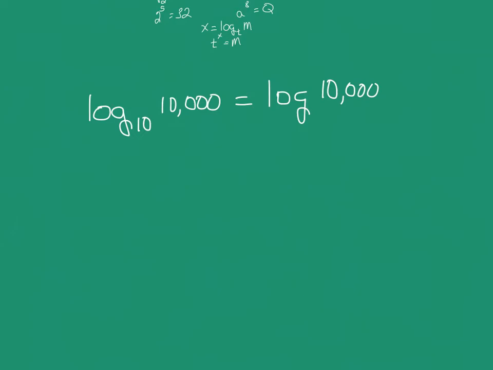What I'm trying to find out is 10 to what power is equal to 10,000? If we rewrite 10,000 with base 10, that is 10 to the 4th. So we know that the value of this logarithm is 4.